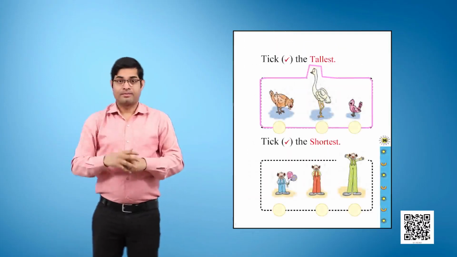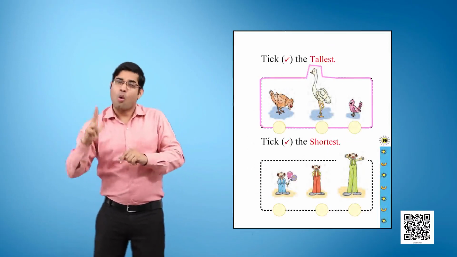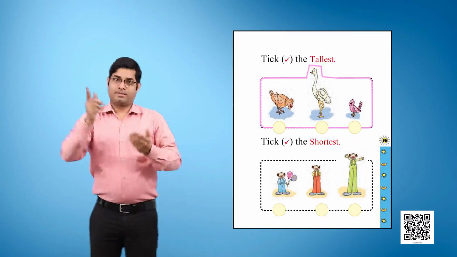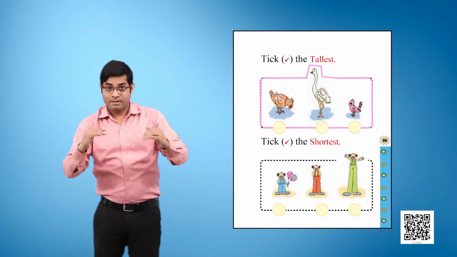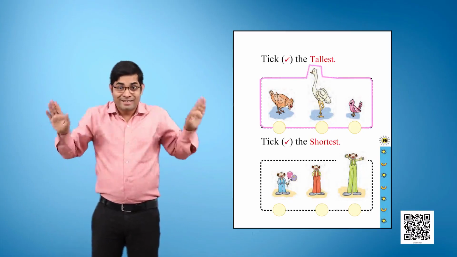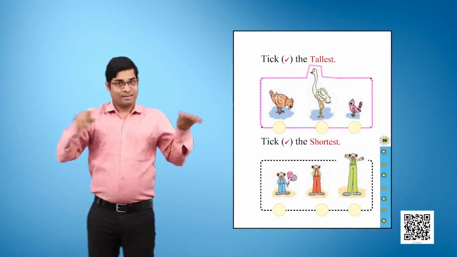Question 1. Tick and identify the tallest. Part 3 picture shows a hen, a swan and a chick.